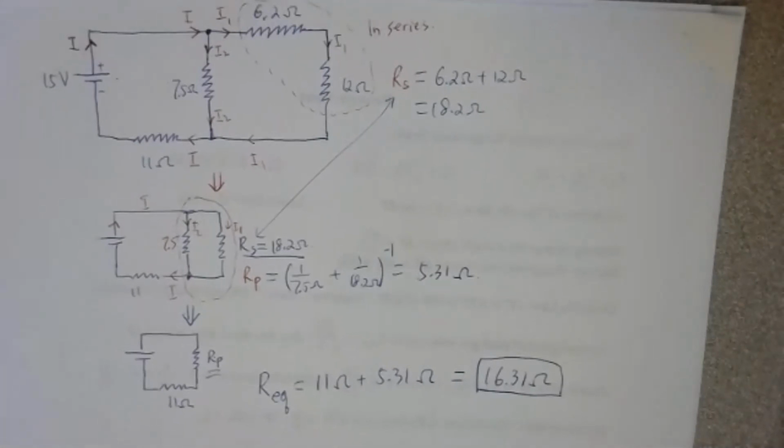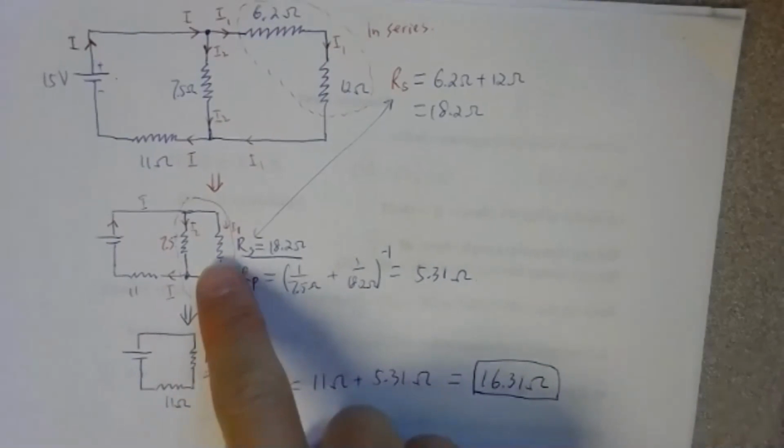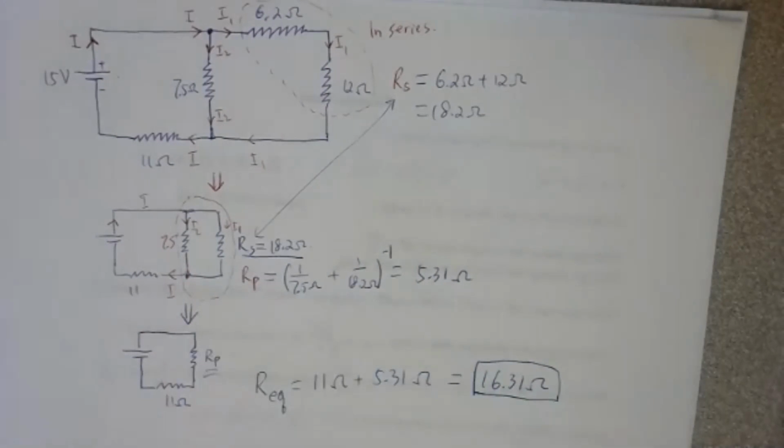So again, first identify the part that's purely in series or in parallel, and then replace that with the equivalent resistor. Then simplify your circuit with the equivalent resistor, and then check on the circuit again to identify a part that is either in parallel or in series.